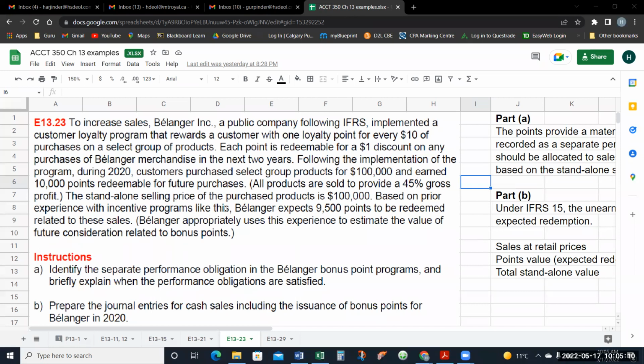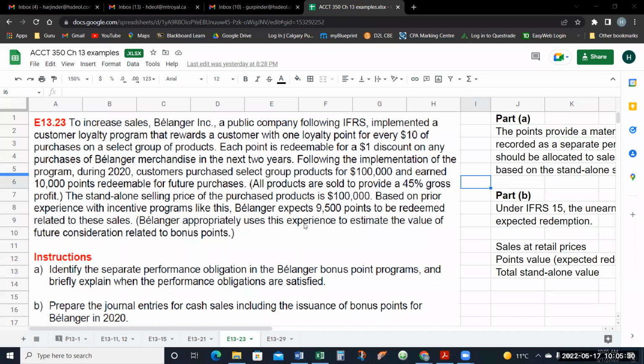The standalone selling price of the purchased goods is $100,000. Based on prior experience with incentive programs like this, Belanger expects that out of the 10,000 points that have been issued, only 9,500 points will be redeemed.